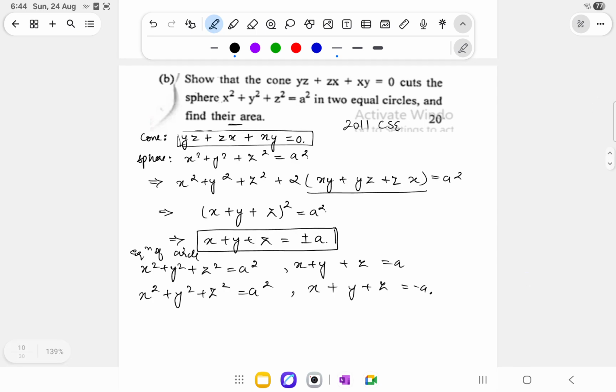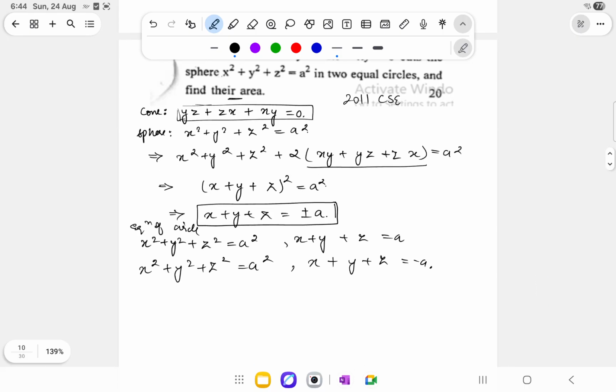We are supposed to show that the cone cuts the sphere in two equal circles. By observation only, it's evident that the two circles are equal. If this is my sphere and this is the origin, one circle lies in the positive coordinate and another lies in the negative coordinate.